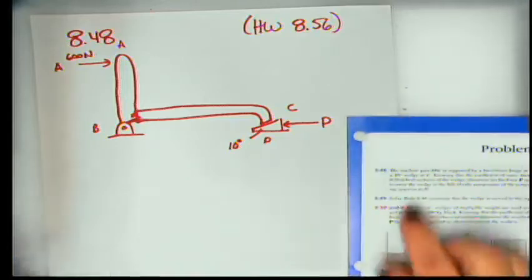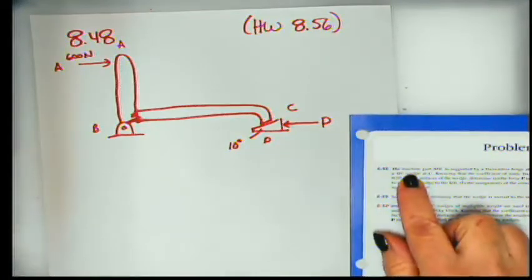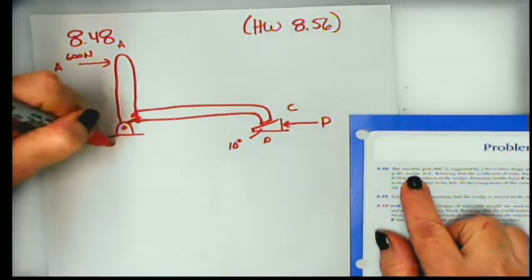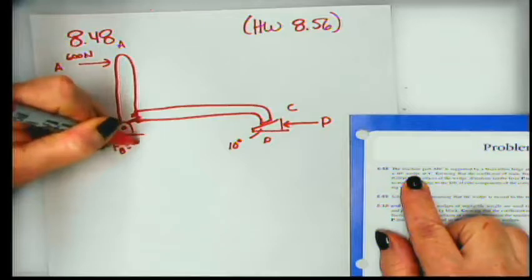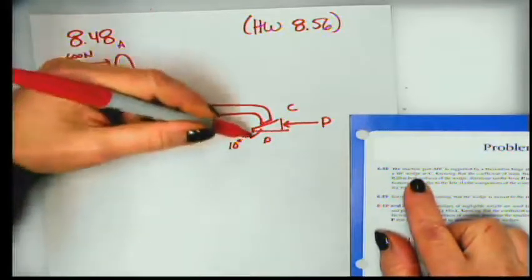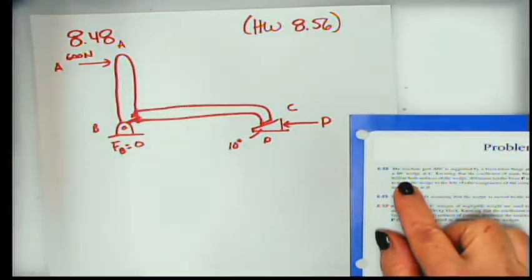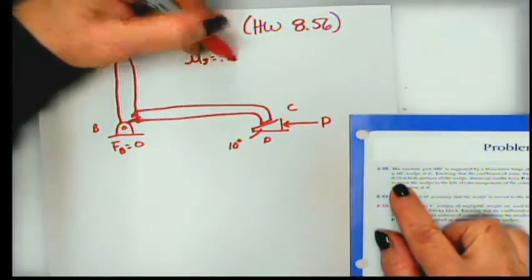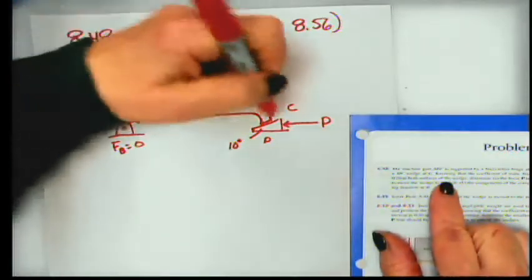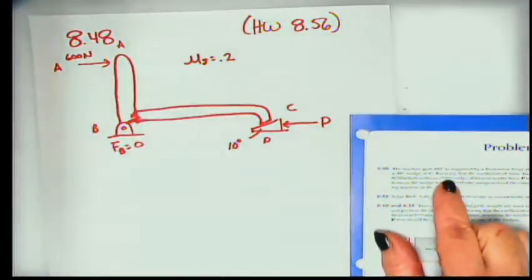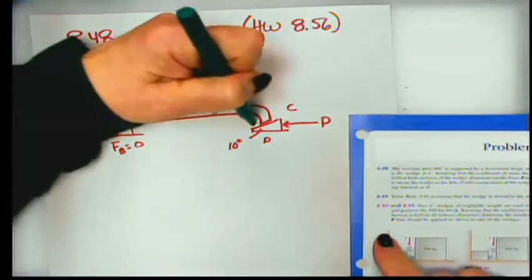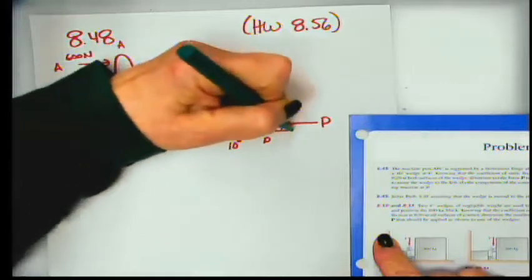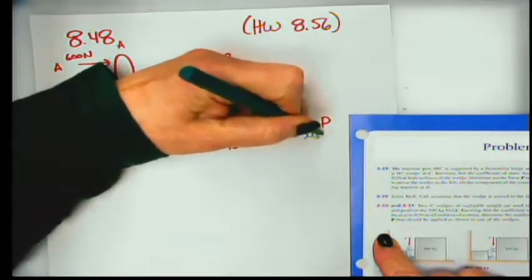Good question. All right, so the problem says that the machine part ABC is supported by a frictionless, so there's no friction here at B, and a 10-degree wedge at C, knowing that the coefficient of static friction is 0.2 at both surfaces of the wedge, so that means right here, mu equals 0.2, and right here, mu equals 0.2.